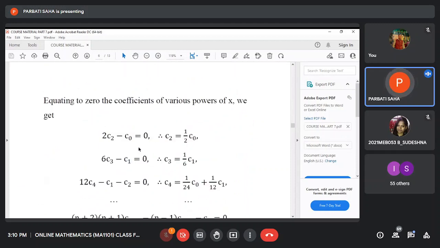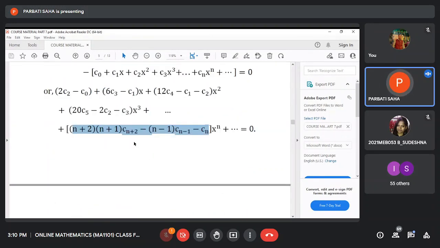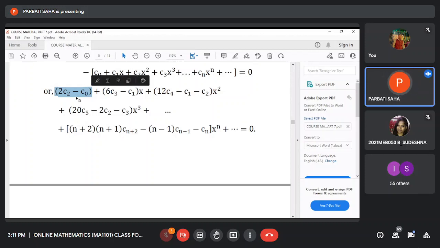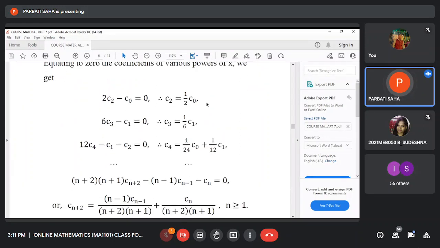Then equate the coefficients of various powers of x to 0, because the right side is 0. So each of these coefficients must be equated to 0: 2c2 minus c0 equals 0, 6c3 minus c1 equals 0, and 12c4 minus c1 minus c2 equals 0. All these terms should be equated to 0 like this.